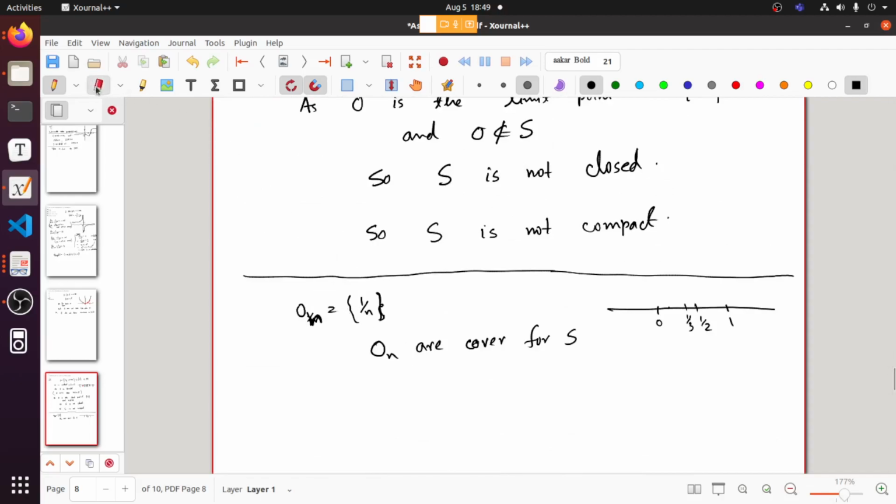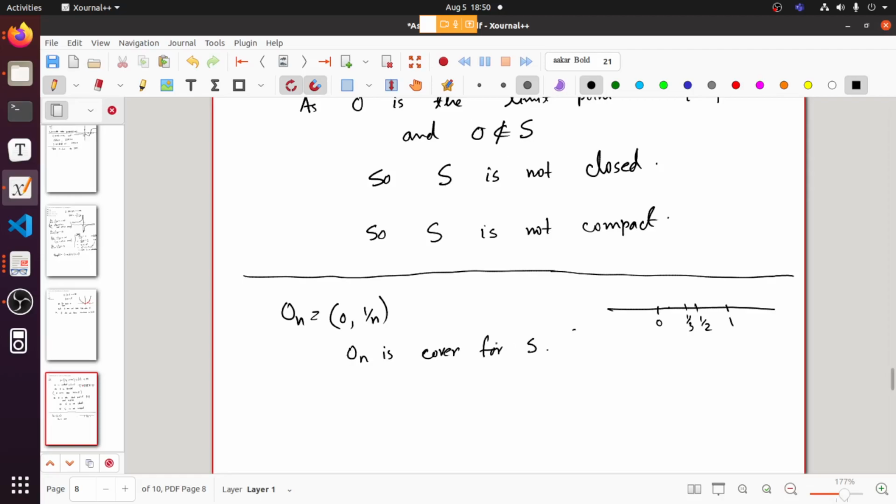Not the discrete topology. So here you have to take this cover, not that cover. You can take open 0 and 1 by n. This cover O n. So this is an open cover, right? Yes, sir. This is an open cover.